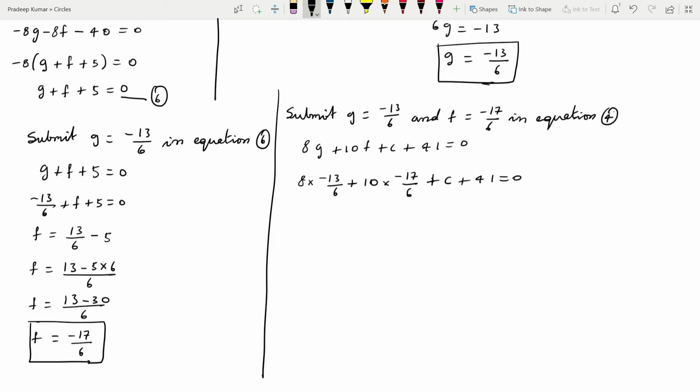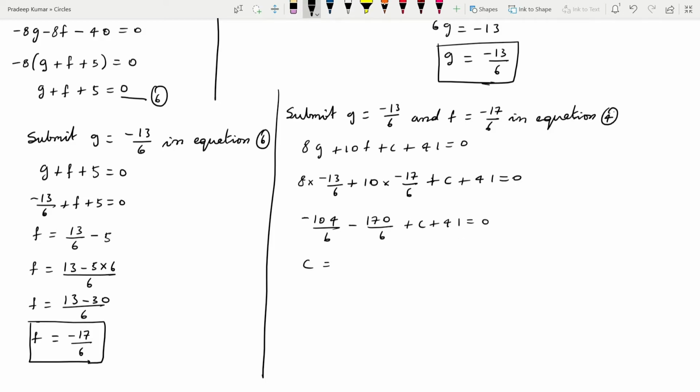So this, if you just multiply 13 into 8, so that is minus 104 by 6, and this is 10 into 17, so we'll be getting plus and minus, so that is minus 170 by 6, and this is plus c plus 41 equal to 0. So now if I send these two terms to the other side, not only these two, I'll even send this 41 to the other side, and we'll just solve it.